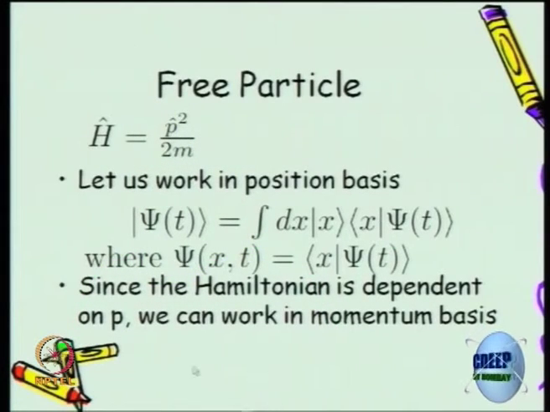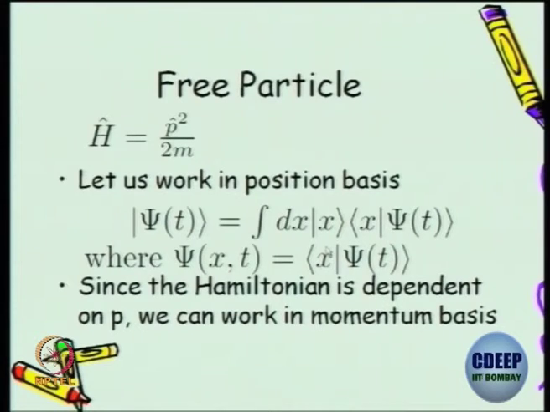If you had done it in the position space, we do not know what p squared over 2m on x is. We need to find out. But here in the momentum space, it becomes very simple to write it as an eigenvalue. Since the Hamiltonian is dependent on p, it is convenient to work in the momentum space basis instead of working in position space.